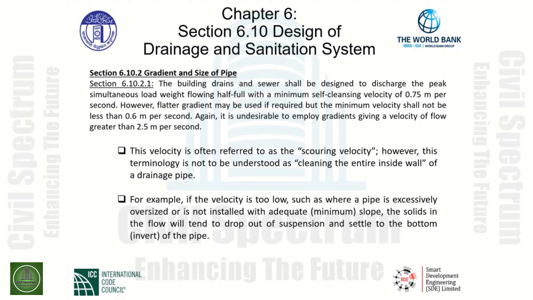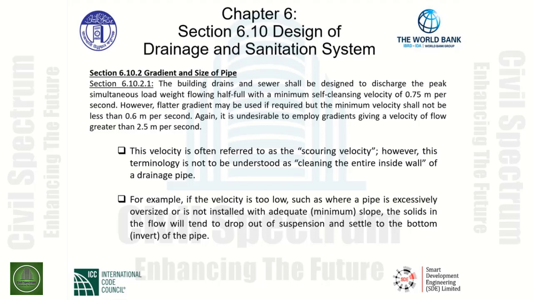We need to keep in mind that with grading the pipe, the fall of the pipe, if the velocity is too low, such as where the pipe is excessively oversized, or it's not installed with adequate minimum slope, the solids in the flow will tend to drop out of suspension and settle to the bottom, or the invert, of the pipe, thus causing blockages in portions of our drainage system.